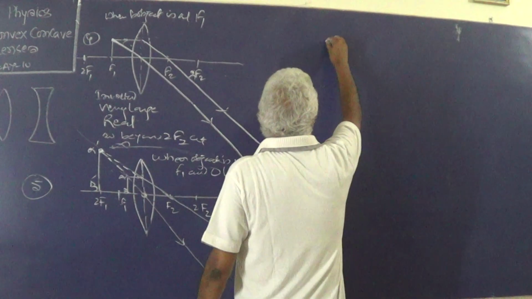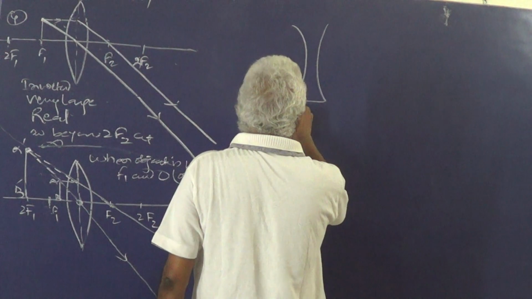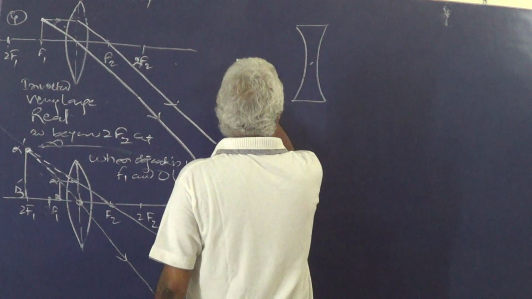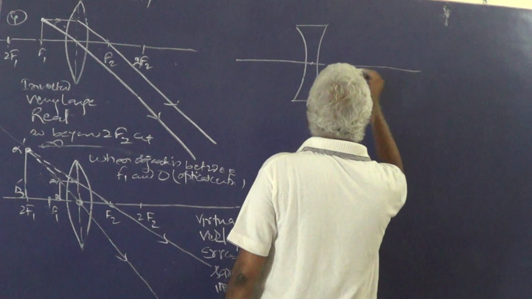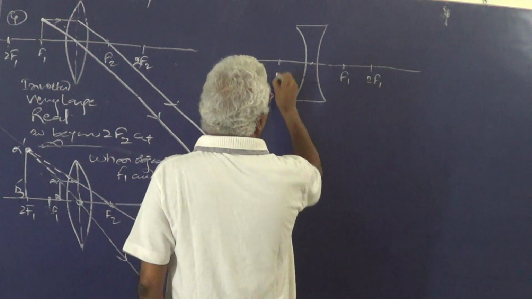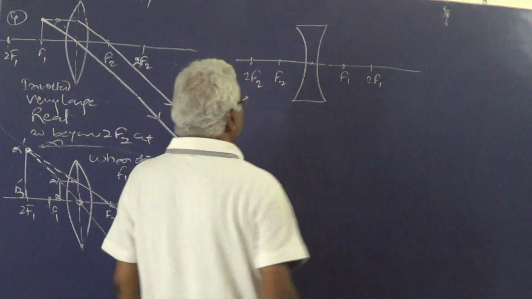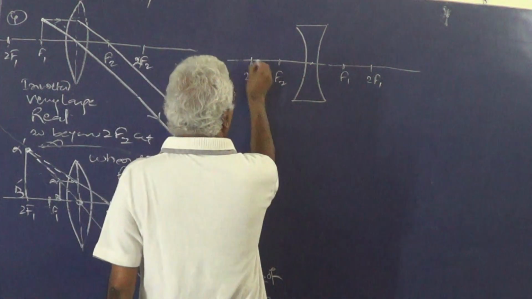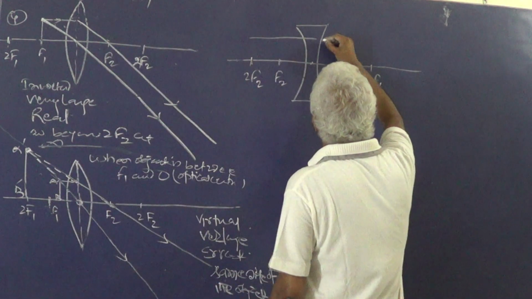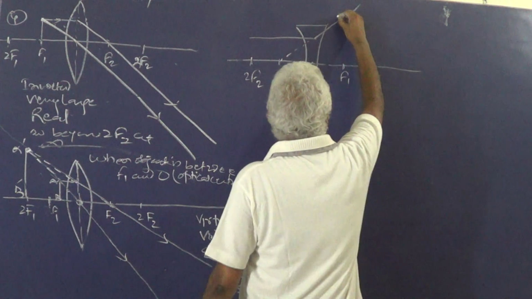So now this is your concave lens. Now what happens here also? Same case. It is F1, 2F1, it is F2 and 2F2. Now what happens here? When a parallel ray passes and is refracted, it is diverging like this.